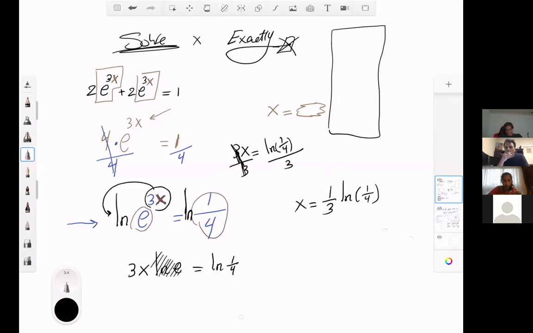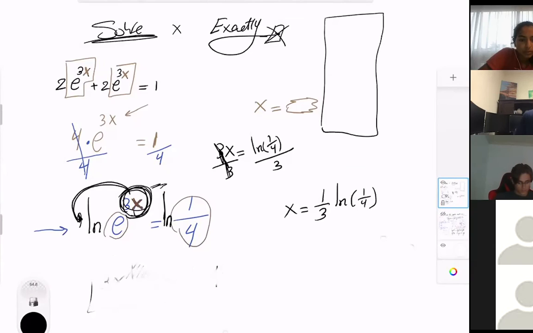On the homework, I got ln of 1, but does that cancel further, or do you just leave it? How did you get ln of 1? So we had 3x ln of e equal to ln of 1 over 4. Then what? Now here's a problem. You said you see a 1 here. Oh, because the question is different. It's not the one on the homework.